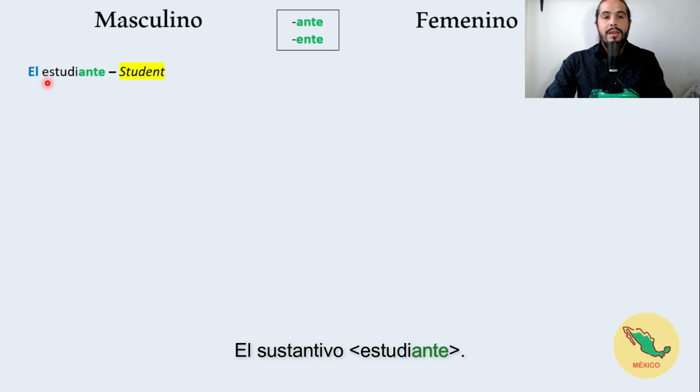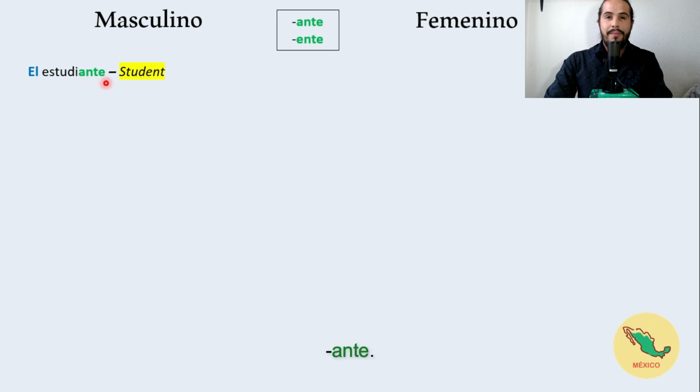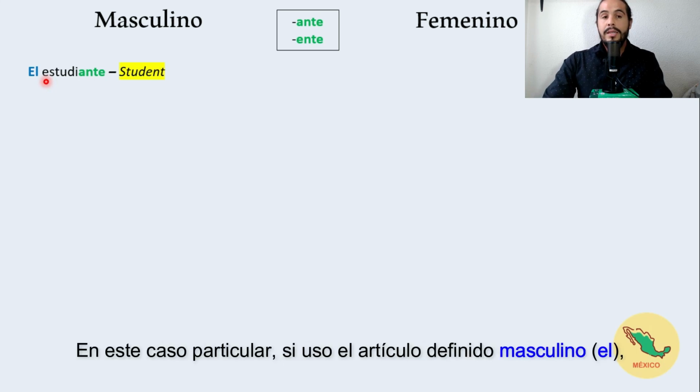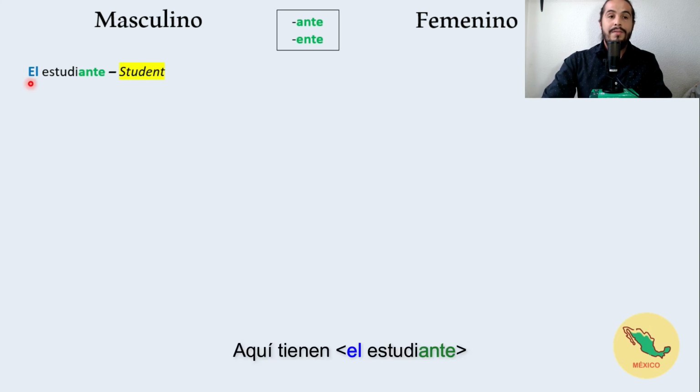This noun has the ending -ante, and it means student. So, estudiante can be either masculine or feminine. In this case, if I use the masculine definite article, estudiante becomes the male student. So here you have el estudiante, the male student.